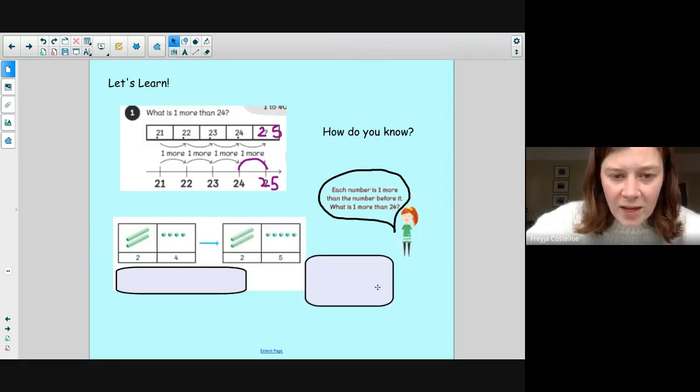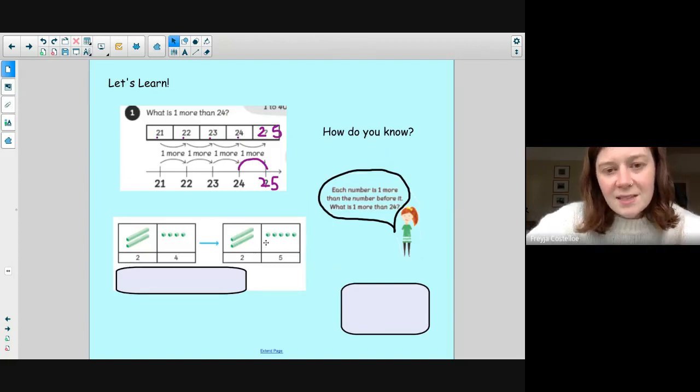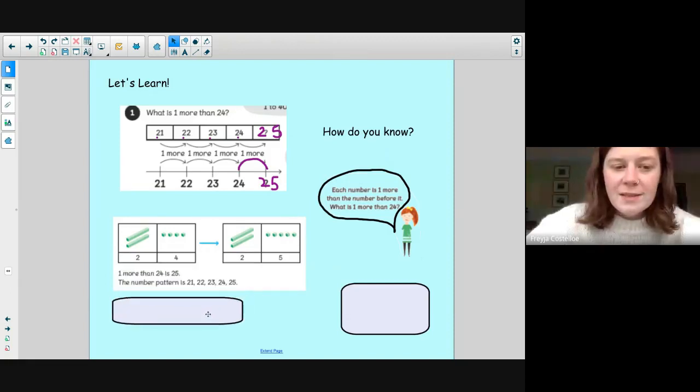Let's look what we've got here. Lovely. So look, it's showing us we've got 2 tens here and 4 ones, 24. And the next number up here is 2 tens and we've got 1, 2, 3, 4, 5 ones. One more than 24 is 25. So what is the number pattern we've got here then?